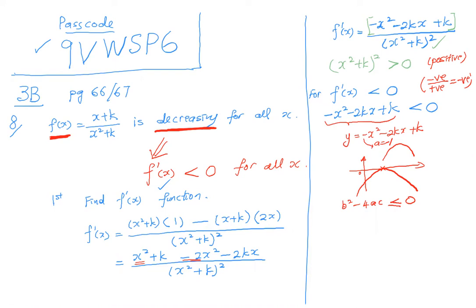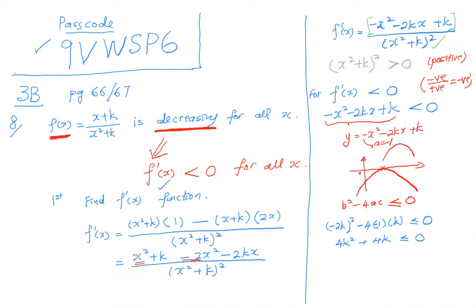When you write your working, you will straight away write: -2k squared minus 4 times a which is -1 times c which is k, will be less than or equal to 0. So that means 4k squared plus 4k is less than or equal to 0.